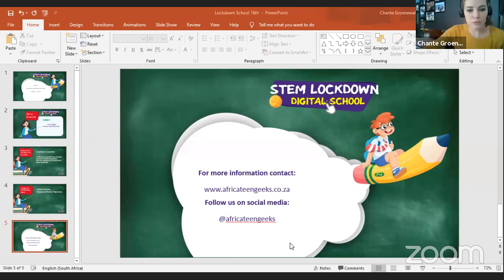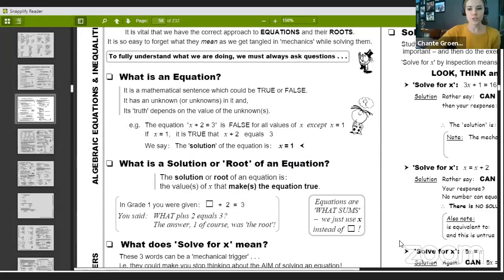What does solve X mean? Do you like when I zoom into 150? Miss P, I know you always ask me. Let's see. There we go. I'm sure you are going to see it now. Okay. There we go. Great.